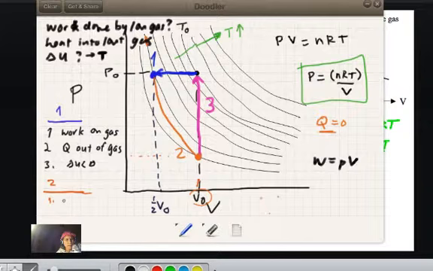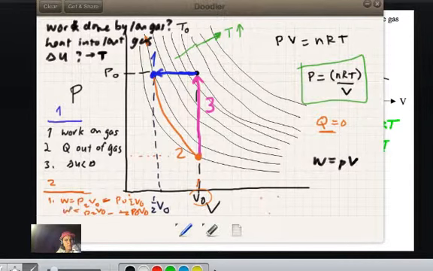So in order to figure that out, the work is P2 V, I guess we're going to call it V naught, minus P naught times 1/2 V naught, which is 1/2 P naught V naught, minus P2 V naught.